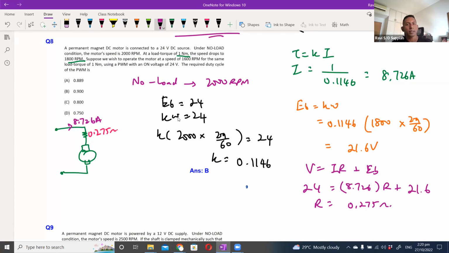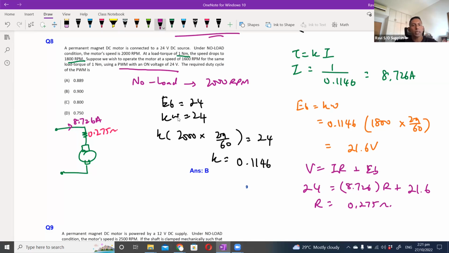What I want is to operate the motor, instead of with a fixed DC source, with a PWM with the on voltage of 24 volt. And what is the duty cycle?